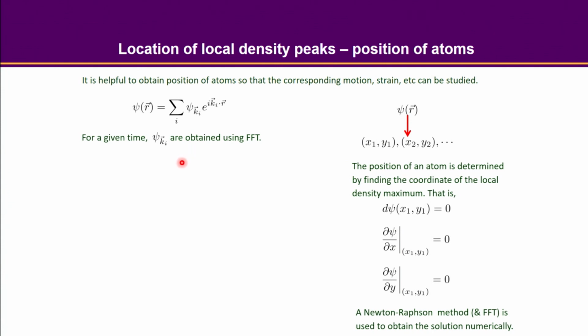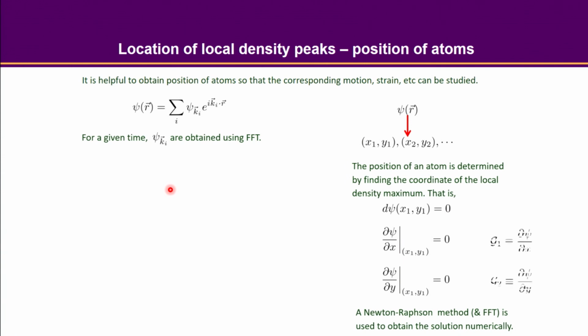But the point is that for a given time, everything is stationary. When you do the Fourier transform, all those Fourier coefficients will not change. They're just numbers, or complex numbers. So we don't have to worry about those numbers.